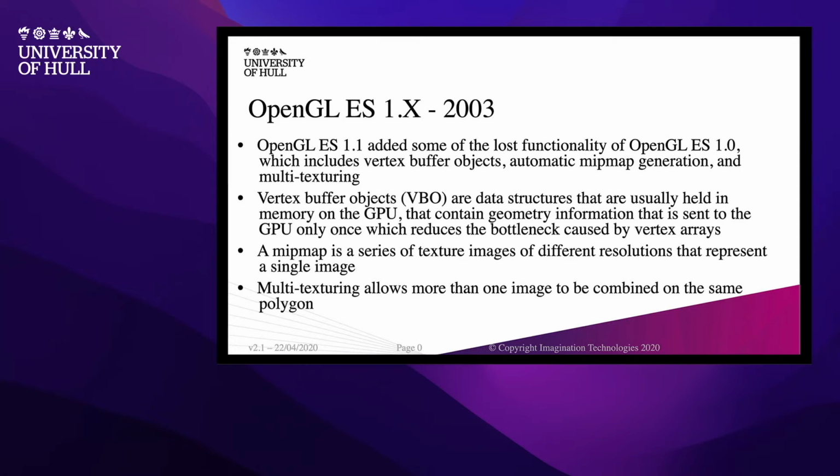Well, 1.1 came along, and we had things like vertex buffer objects. Now they're great because that means we can store our meshes directly on the GPU, instead of having to send it all the time, as well as quite a few things like MIP mapping. MIP mapping just means if you've got a texture, a large image that you want to apply to your meshes, then if an object is a long way from you, you don't want to be applying a great big texture because fetching that texture from system memory has a cost.